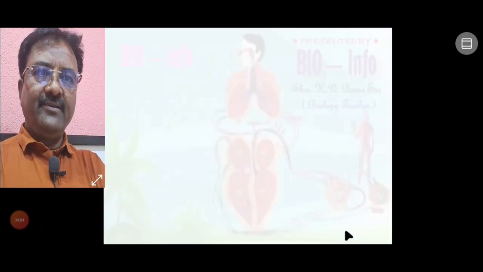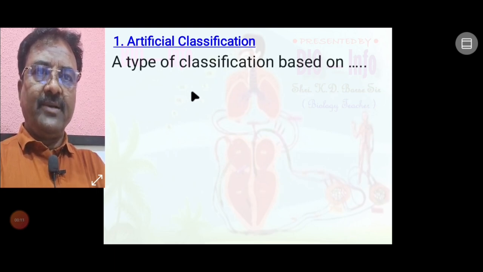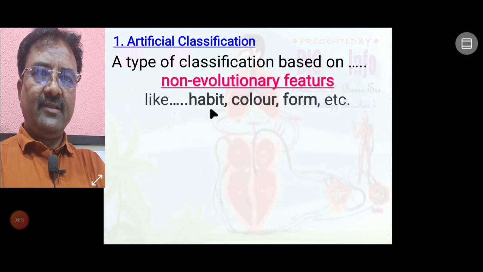First one, artificial classification. A type of classification on the basis of non-evolutionary features like habit, color, form is called artificial classification.